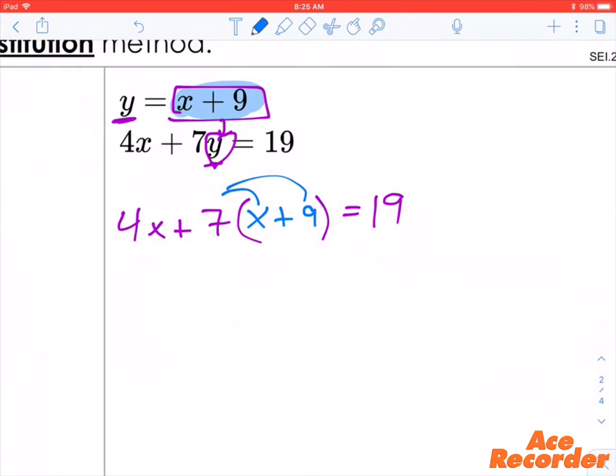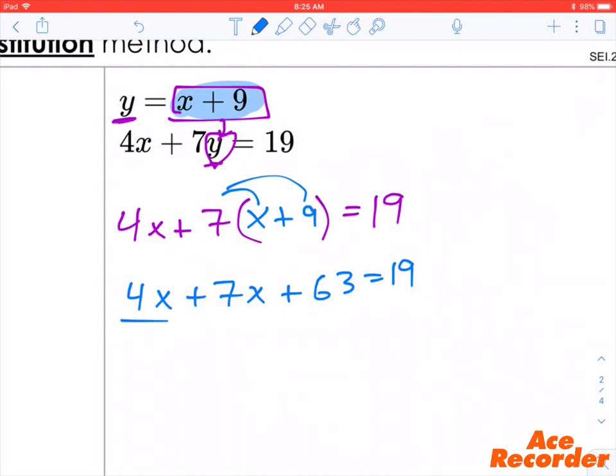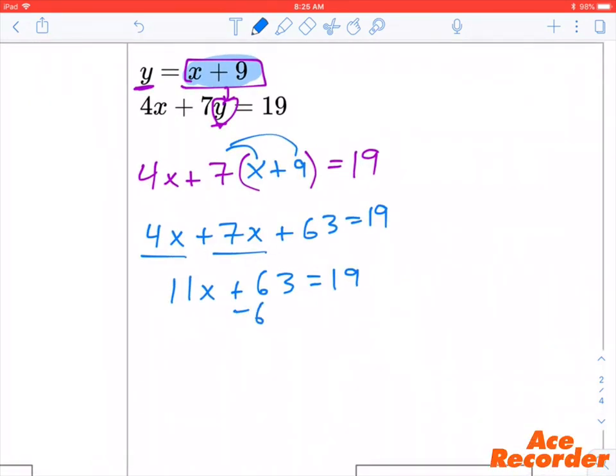So distribute, we get 4x plus 7x plus 7 times 9 is 63 equals 19. Then we combine like terms. So 11x plus 63 equals 19. And we subtract 63 from both sides.